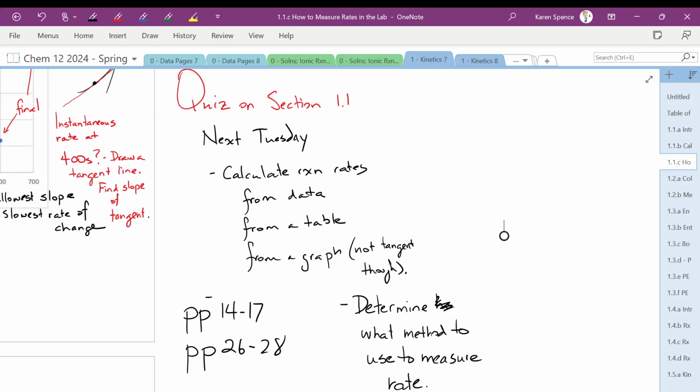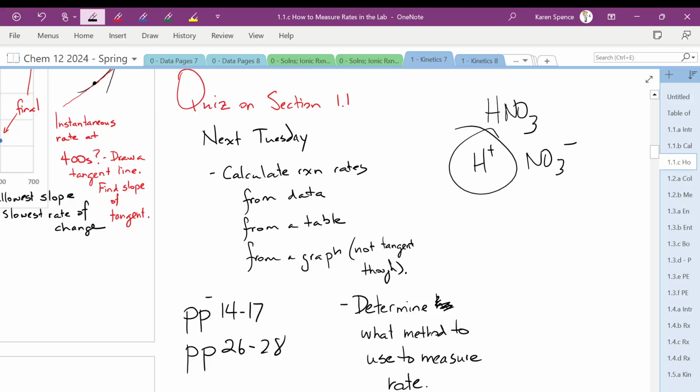So unit 0 is not going to get quizzed or tested, but you being familiar with ionic equations will help you in that you'll be like, oh, I know that when I have HNO3, I actually really have H plus and NO3 minus. So if I needed to monitor pH, I could do so, right? So it's not directly being quizzed, but your understanding of that material will help you.